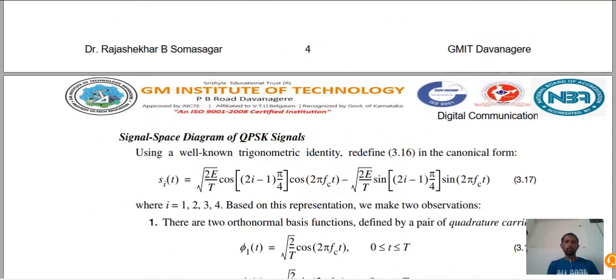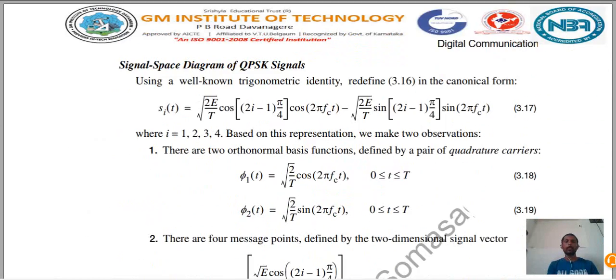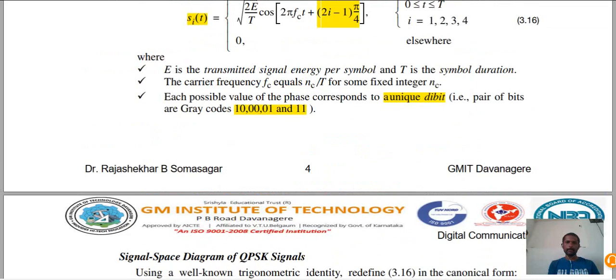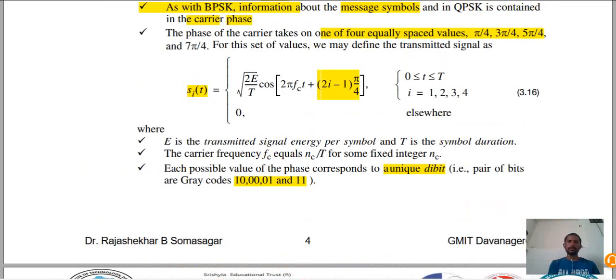Next I will move on to the signal space diagram of quadri phase shift keying signals, using a well-known trigonometric identity that we studied at PU level or in lower semesters, that is cos of a plus b. The same is applied on equation number 3.16.